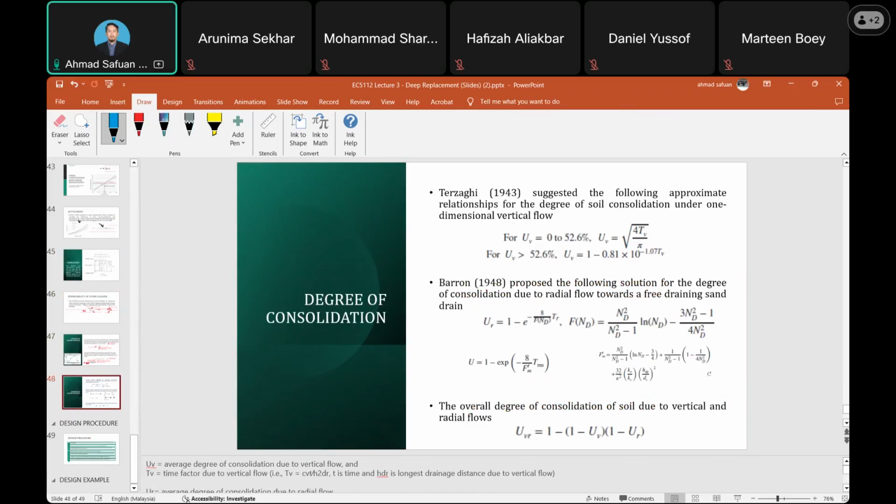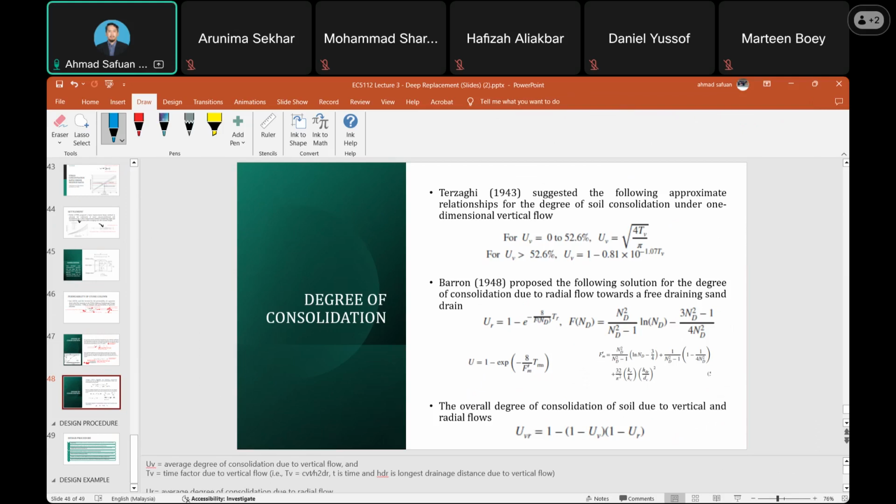Terzaghi suggested the following approximate relationship for degree of consolidation under one-dimensional vertical flow.